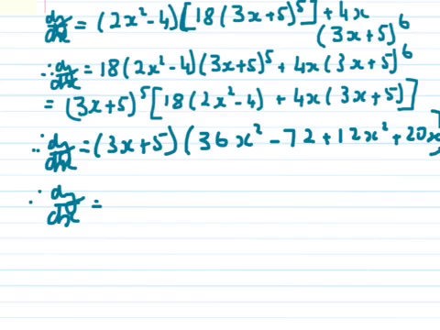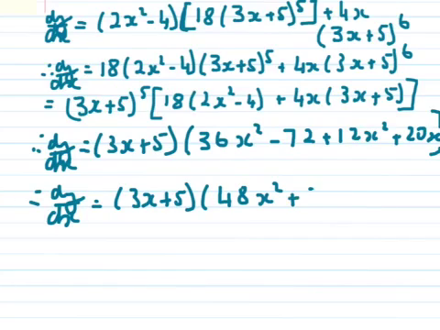is equal to, a bit of collecting of like terms to be done here, I feel. Let's have a look. I've got an x squared term here and here. That's an x term and that's just a constant. So it's going to be 36x squared plus 12x squared is 48x squared plus 20x minus 72.